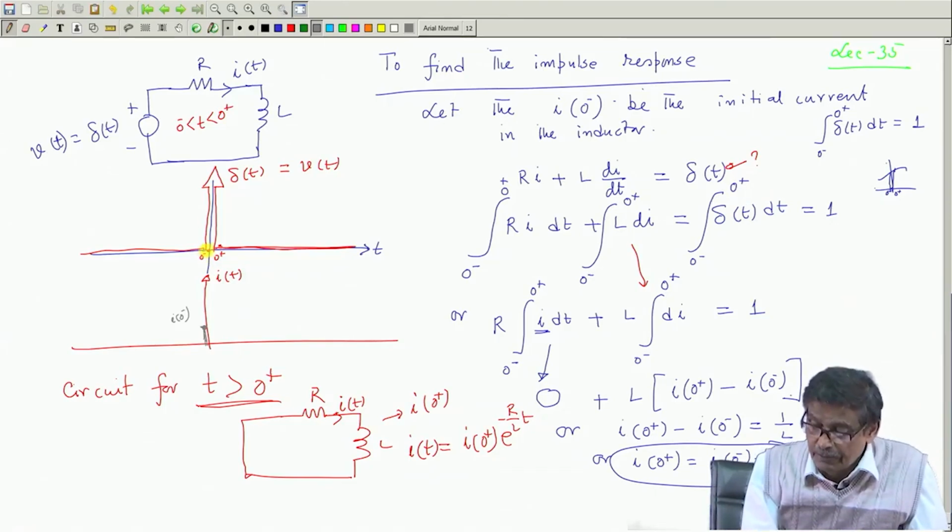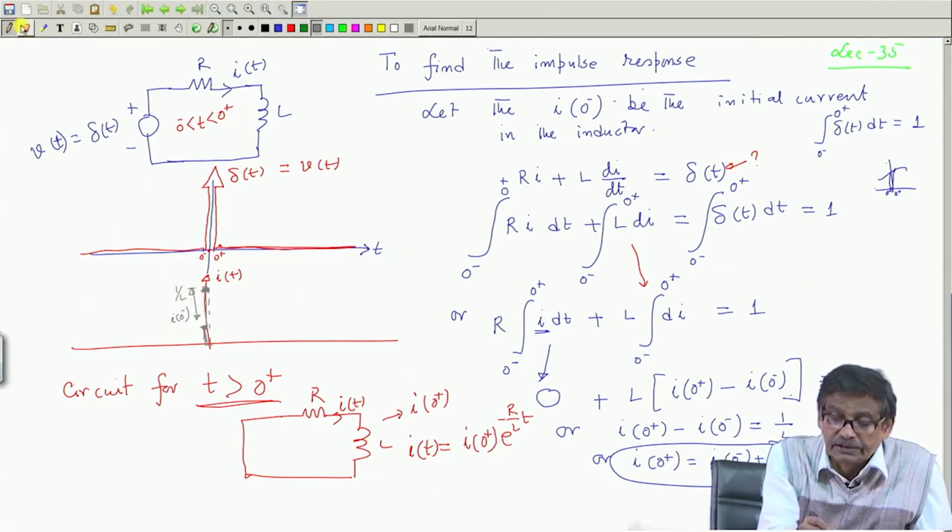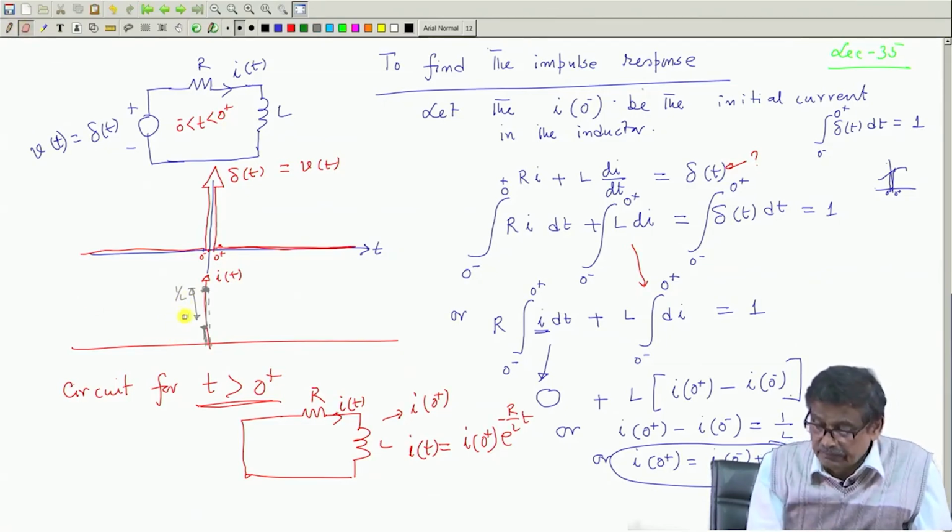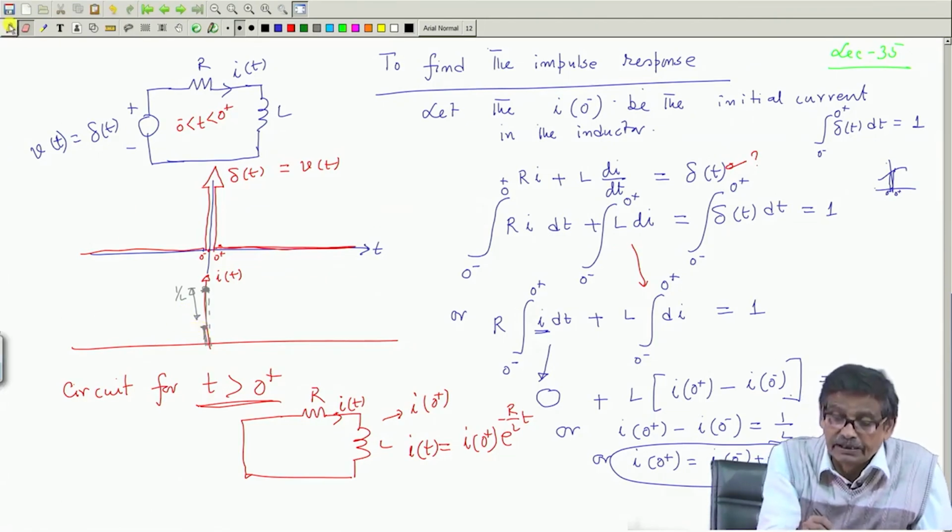Impulse appears from 0 minus to 0 plus. What happens? This current has a step jump. This current jumps to this value at t equal to 0 plus. What is the value of the current? This is I 0 minus plus 1 by L. This will be 1 by L, and this up to this is I 0 minus.